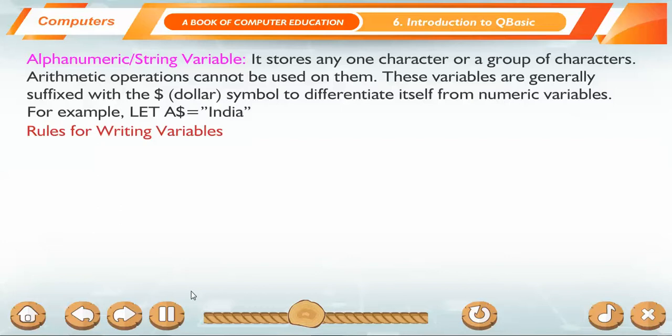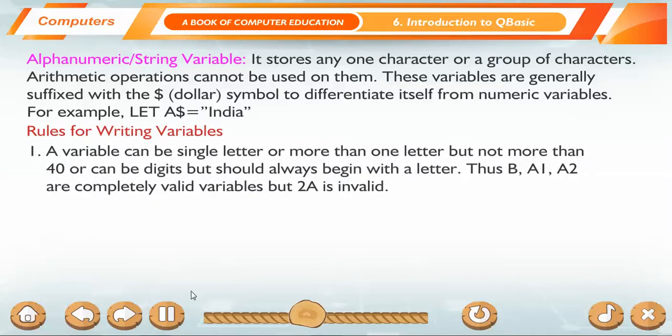Rules for writing variables. A variable can be a single letter or more than one letter, but not more than 40, or can include digits but should always begin with a letter. Thus, B, A1, A2 are completely valid variables but 2A is invalid.